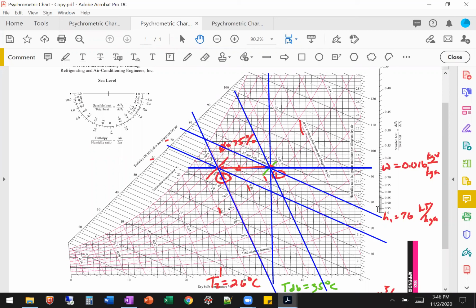So what's the highest value the specific humidity can be? On the chart, it shows 30 here. Is that the highest then? I'm not sure. That's a good question.